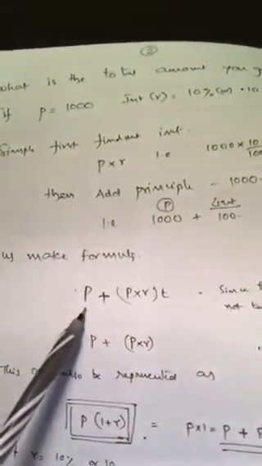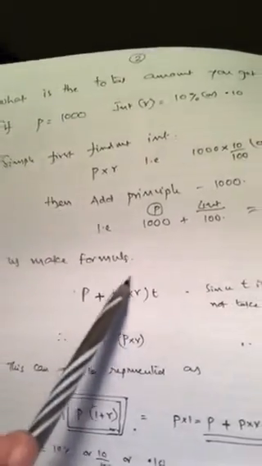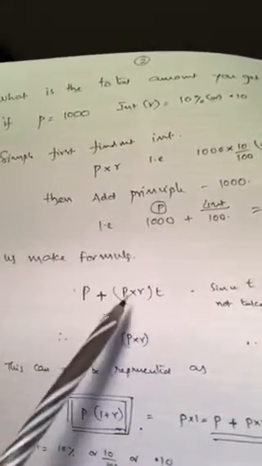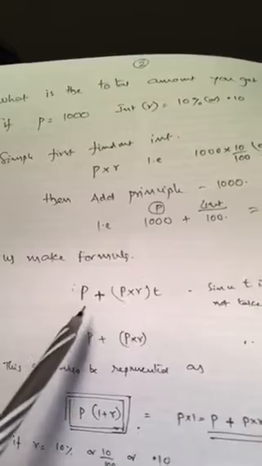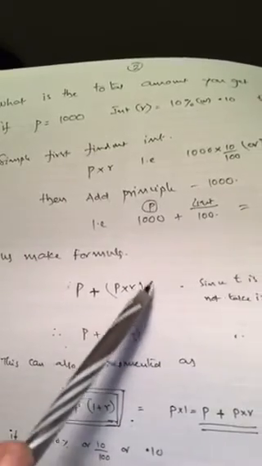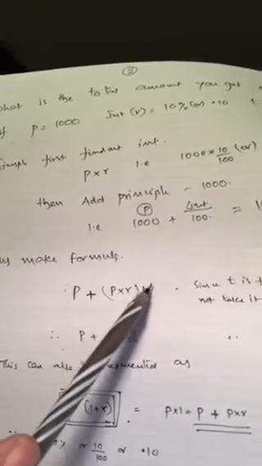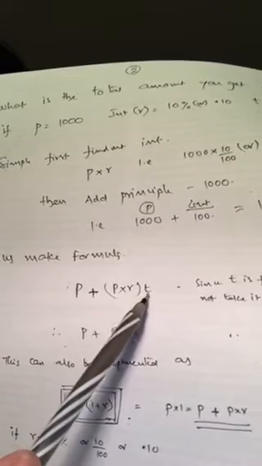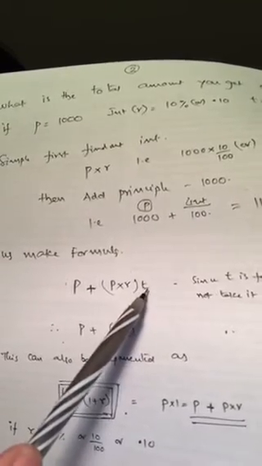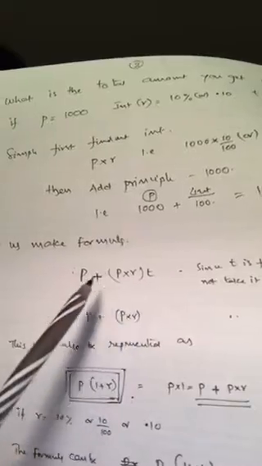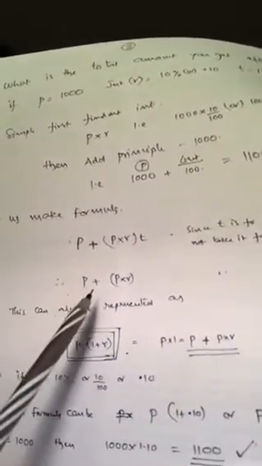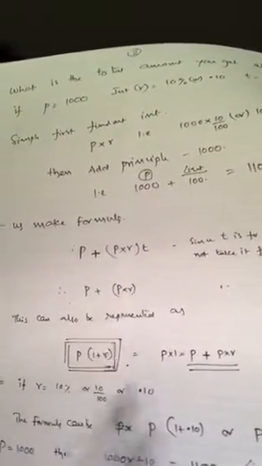You see, P 1000 plus interest formula P into R into T. P plus P into R into T. Since T is 1 for 1 year, we need not take it. Even if we take it, it won't make much difference. So we can put this conveniently as P plus P into R.